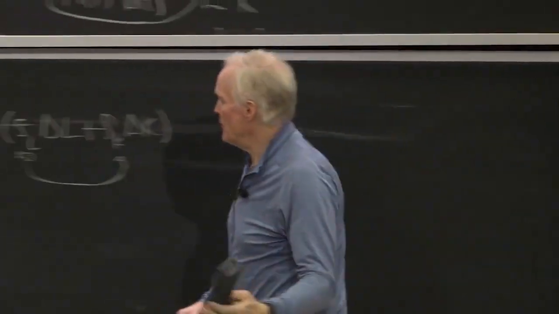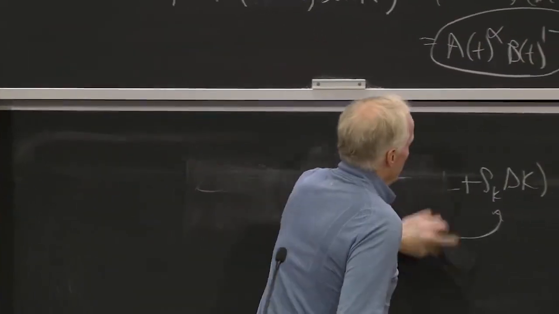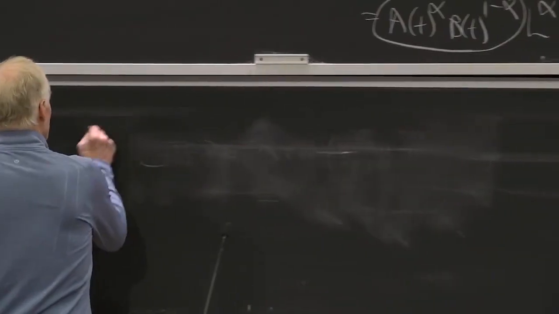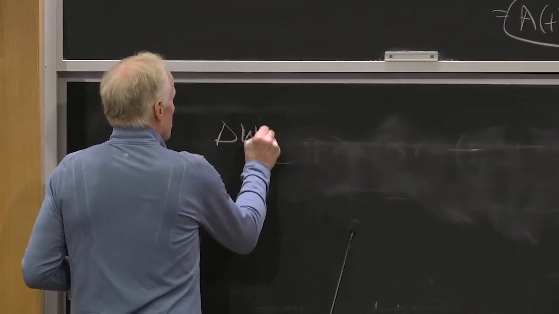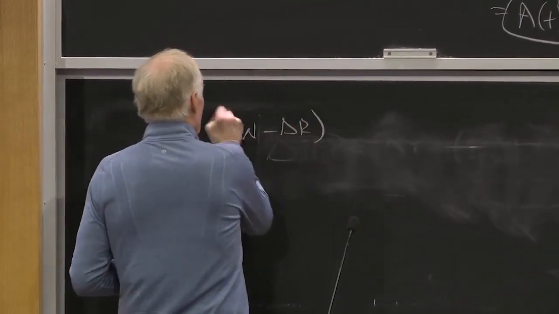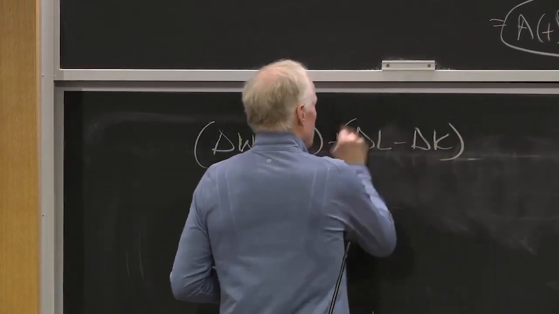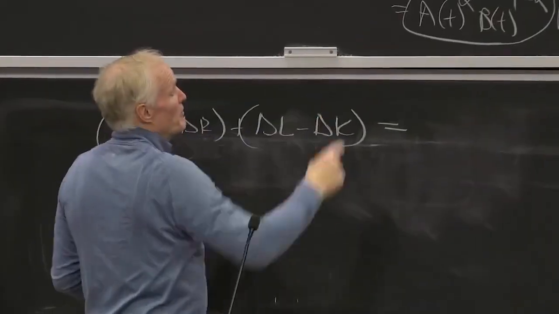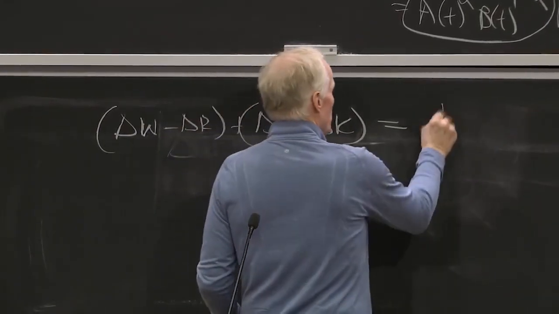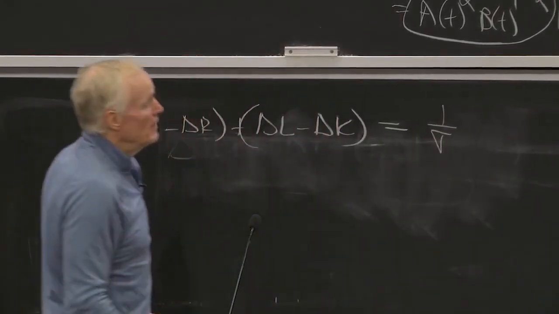So delta W minus delta R plus delta L minus delta K would be equal to, according to my formula here more generally, 1 over sigma.